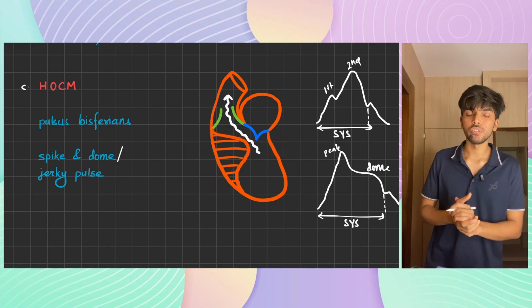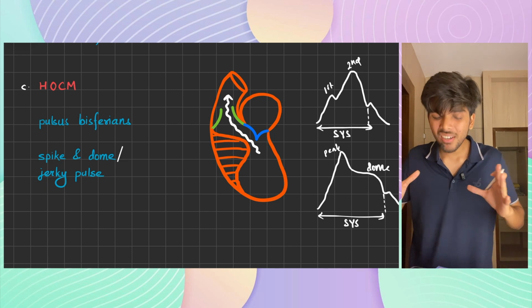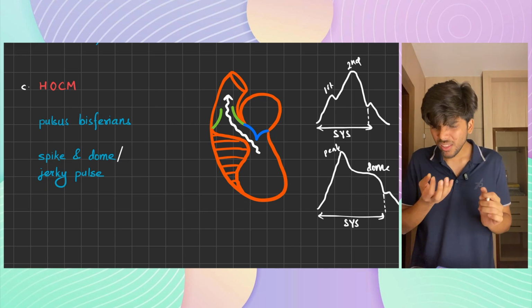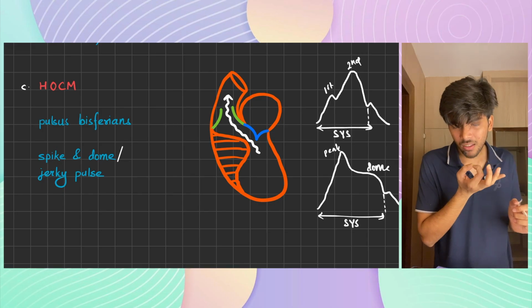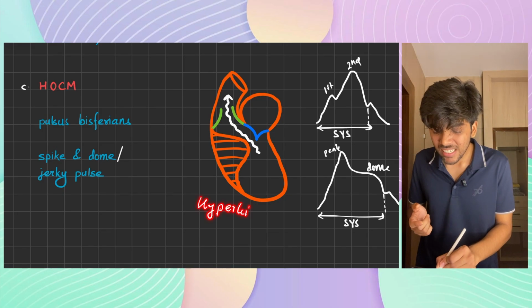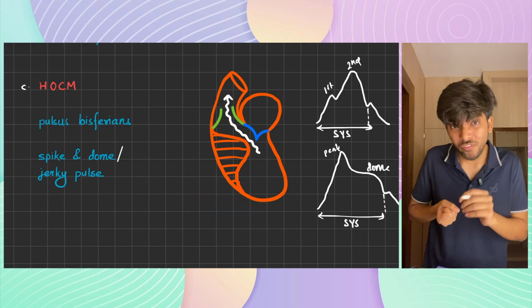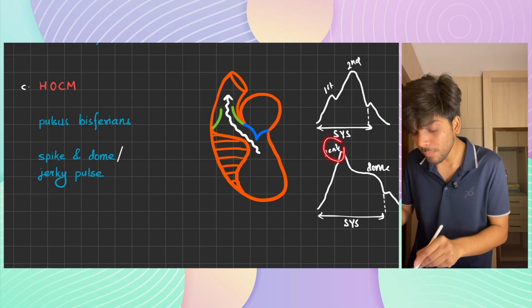So this is what happens during systole. The ventricle contracts, ventricular systole takes place during the very initial instant. Since you have a hyperkinetic heart, that is a strongly contracting heart, the blood gets pumped out very strongly, producing the peak.